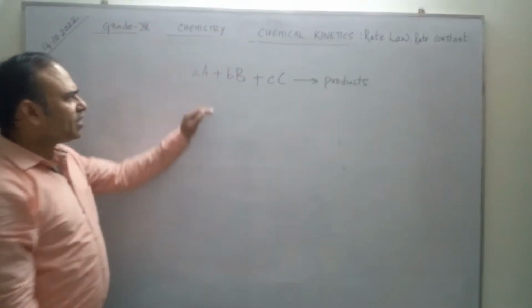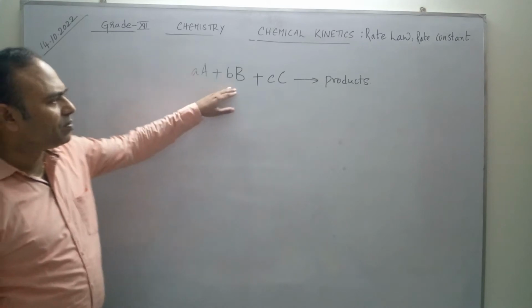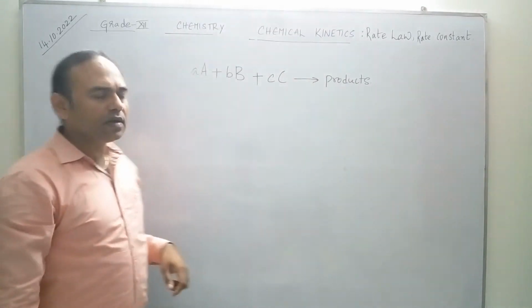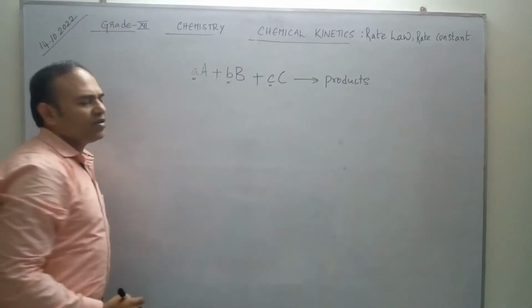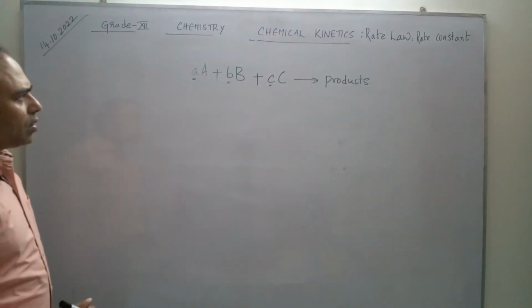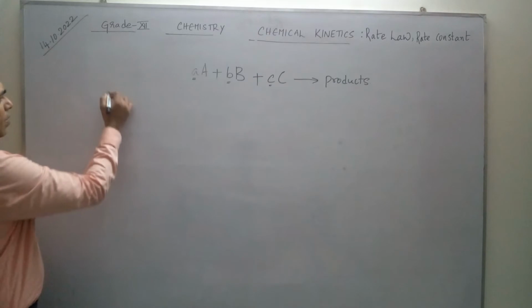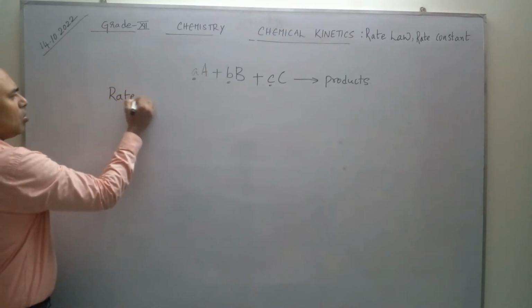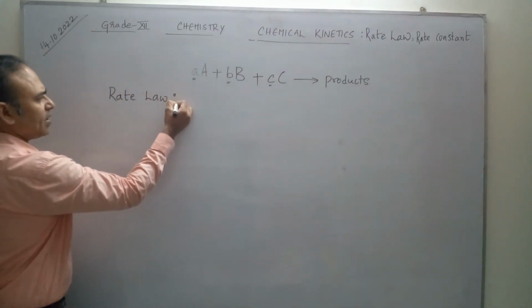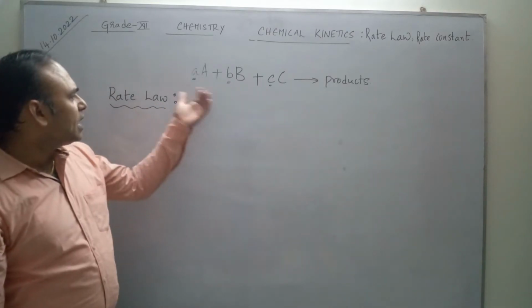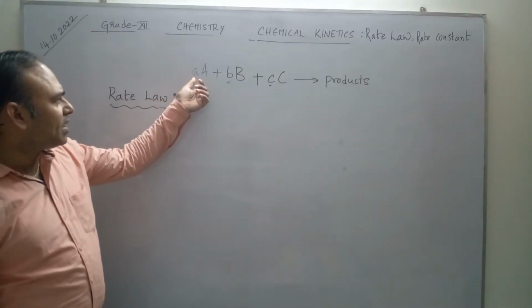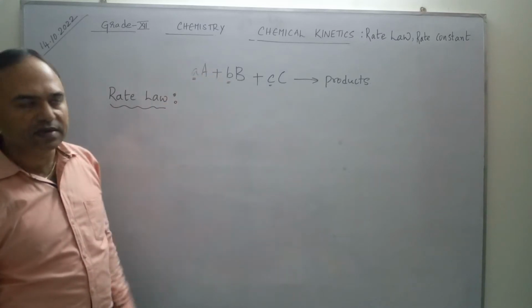So in this reaction we can see that A plus B plus C gives us the product in which small a, b, c represents the coefficients. Now what is a rate law? A rate law is an equation which gives the relation between rate of reaction as well as the concentration of reactants.